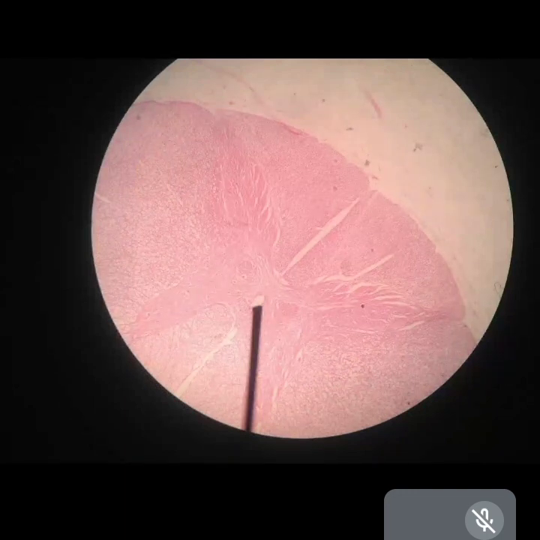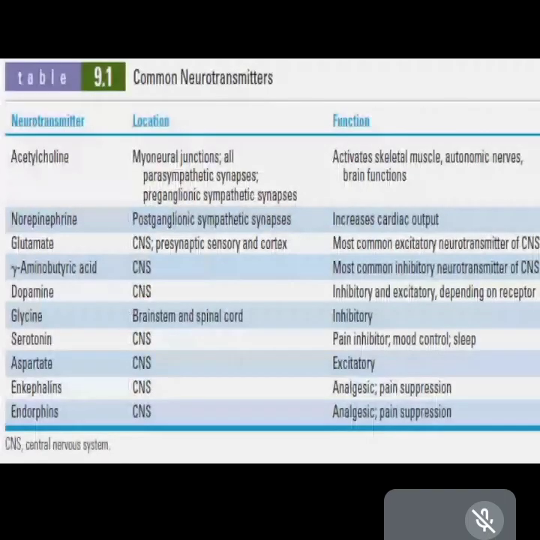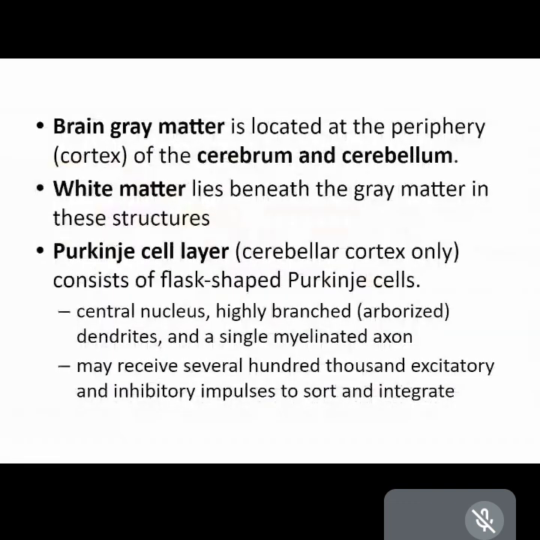And then again, the ventral horn and the dorsal horn. Brain gray matter is located in the periphery of the cerebrum and cerebellum, and then the white matter lies beneath the gray matter in these structures.